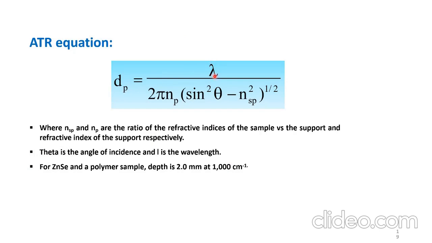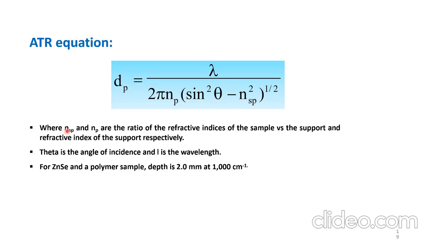Here lambda is a variable, so we can vary the frequency or wave number of our spectra, so that we know at which wavelength or wave number we are getting the maximum depth, and depending upon that we can analyze the spectra. And it also depends upon the refractive index of the sample and the support.